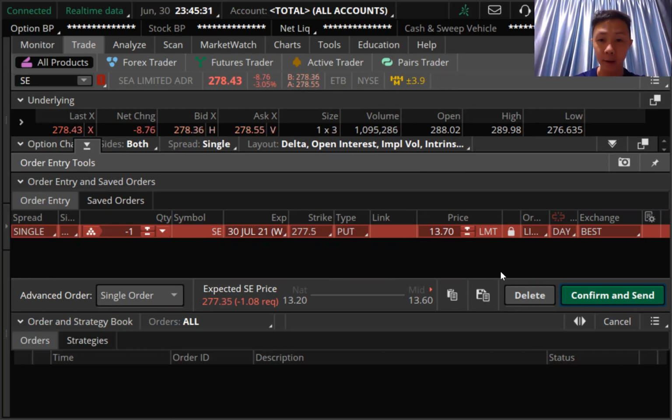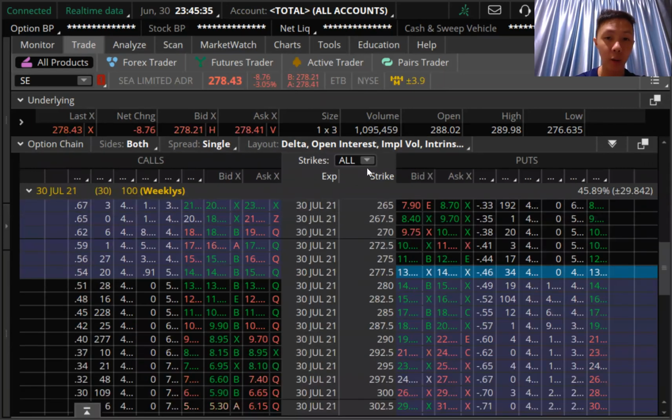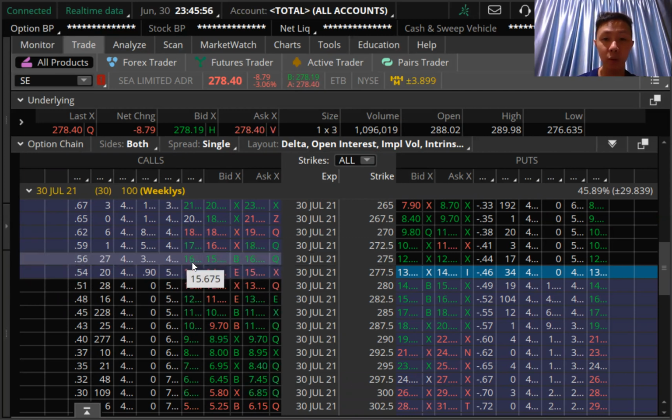Okay, and then for sell call option, one of the criteria is you must have at least 100 shares. So let's say you have 100 shares of SE. You look on the left hand side and then look at bid, because you want to sell call option. When we sell call option, we want to sell 10% higher than market price.